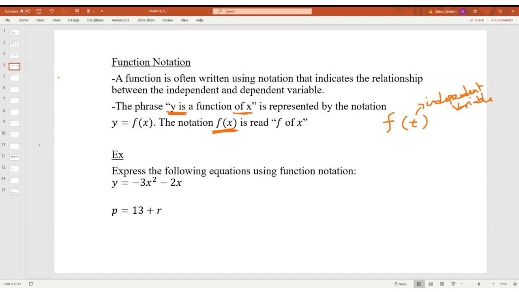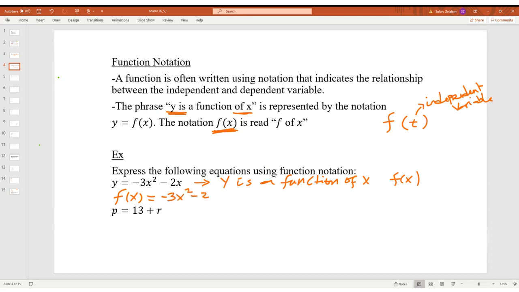Okay, now if you see these two examples here, we have given a function Y, which is a function of X, and function P is a function of R. So, okay, let me write it down. Y is a function of X. So I will change this into f of X equals negative 3x squared minus 2x.